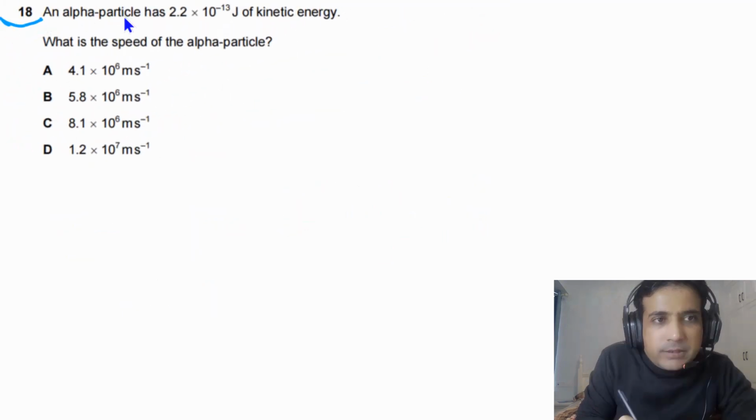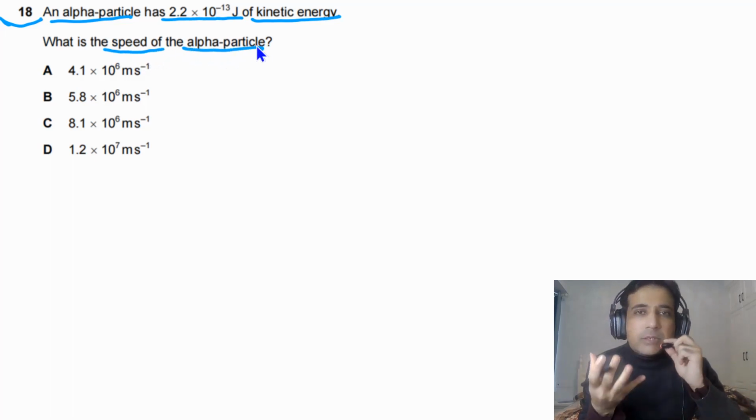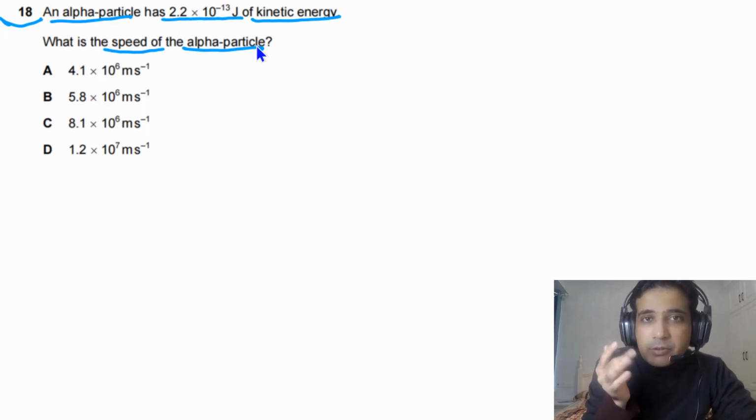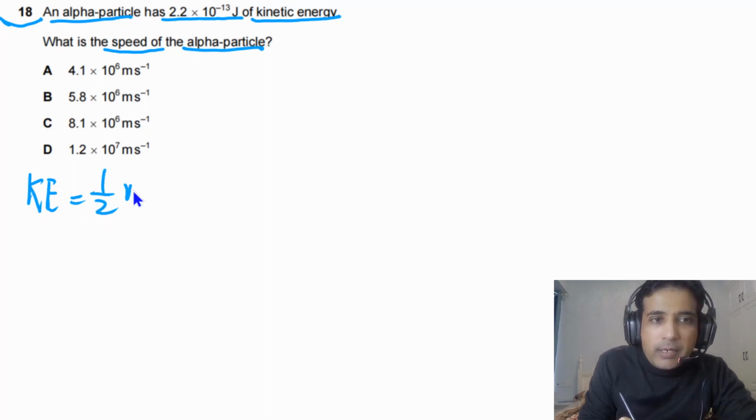For question number 18, it is given to us that an alpha particle has 2.2 times 10 to the negative 13 joules of kinetic energy, and we need to find out the speed of the alpha particle. Very straightforward question, just based on the kinetic energy concept. So simply we can write down kinetic energy is equal to 1/2 mv squared, and we need to find out speed.